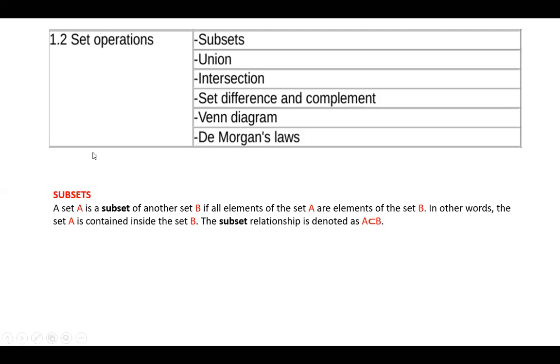When you read this statement, it's saying a set A is a subset of another set B if all the elements of set A are elements of set B. So for you to say that set A is a subset of set B, all the elements in set A are supposed to be part of set B.